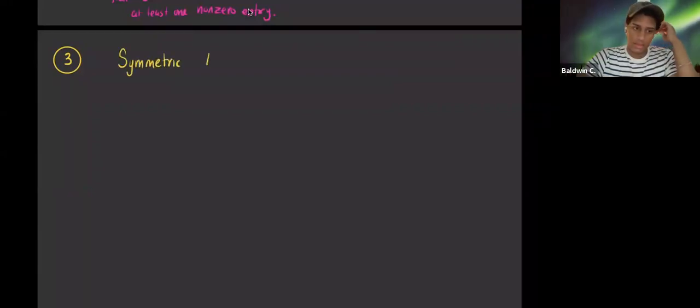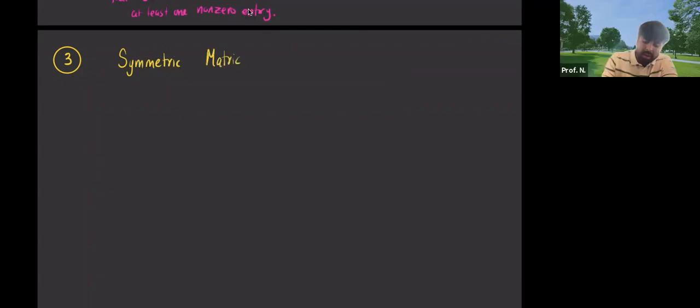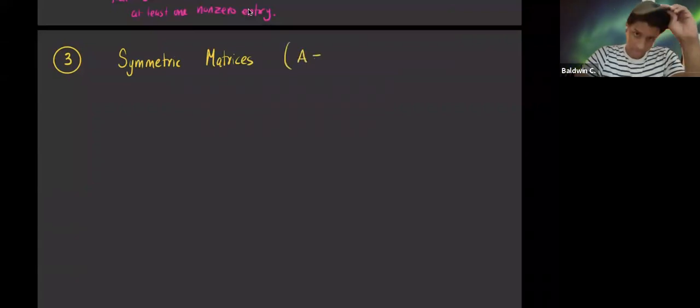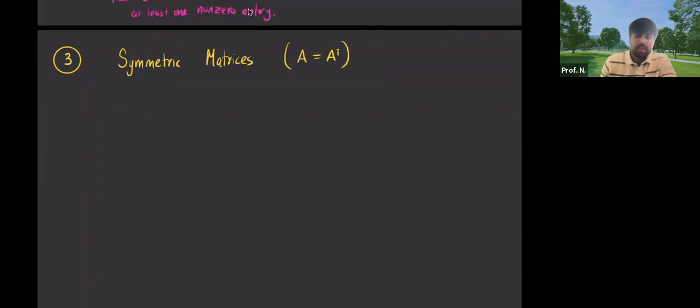And what's a symmetric matrix? It's equal to its transpose. These are the matrices whose transpose is the same. And the transpose is just, in a way, reflecting the entries of a matrix along the main diagonal, right? So we talked about symmetric matrices.